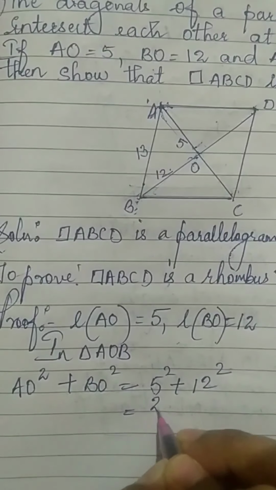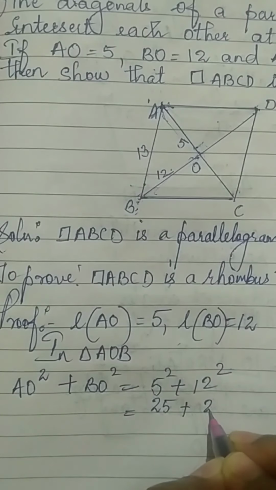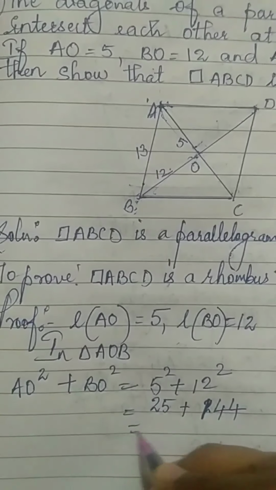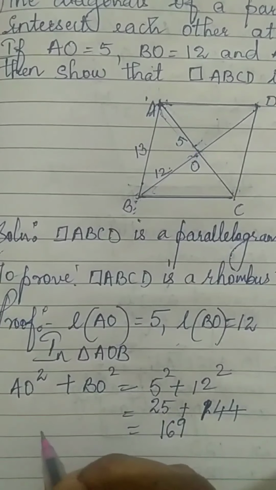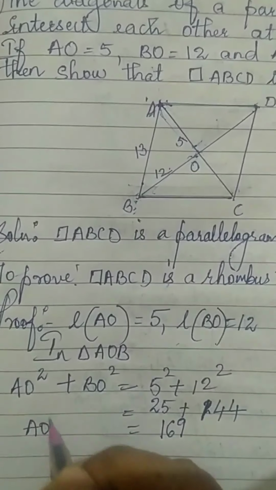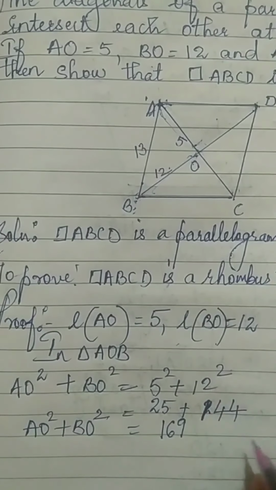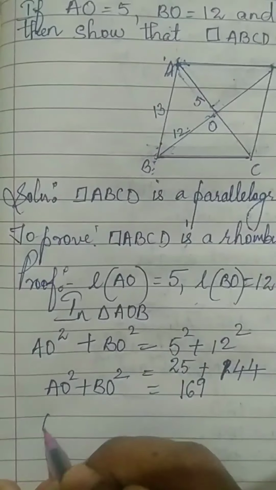Okay, 5 square is 25, 12 square is how much? 144. 12 12s are 144. Add 5 plus 4 is 9, 6 and 1. So you got AO square plus BO square as 169. Now let us take this square, AB square.